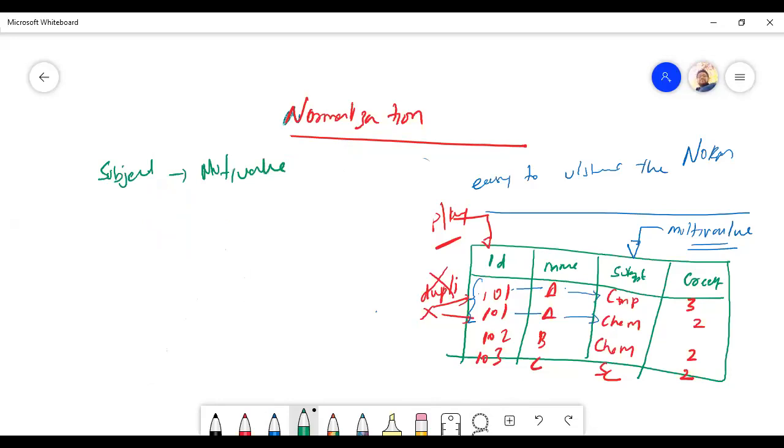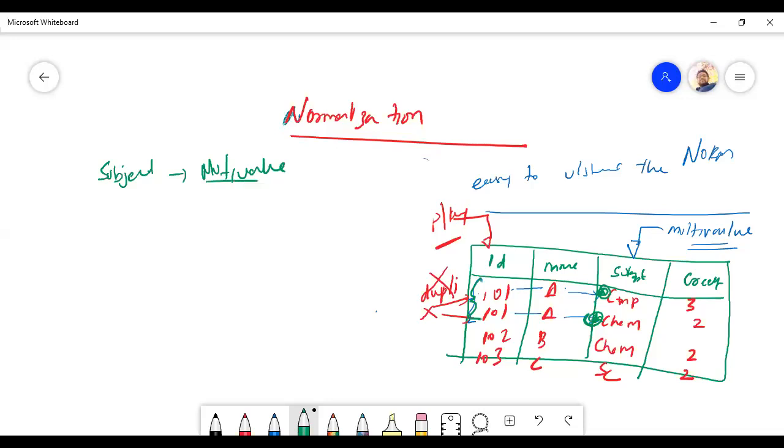Now you can see the same person is taking computer as well as chemistry. So the person is taking two subjects. If you take this table, 101 A, 101 A is duplicated. That is damn clear, right?